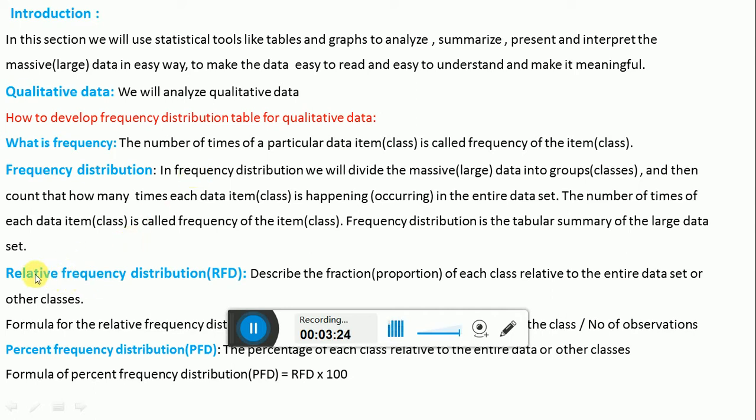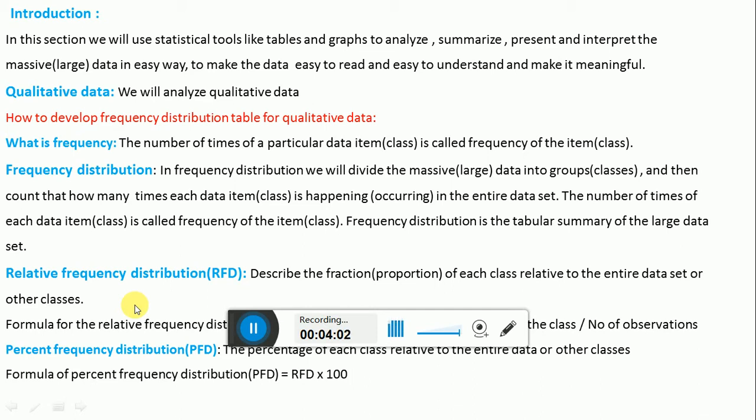Another terminology: relative frequency distribution. Relative frequency distribution describes the fraction or proportion of each class relative to the entire data set, or relative to all the classes. It means relative frequency is one terminology that a statistician can use to compute the proportion, the fraction, of a particular data item or class relative to all other classes or the entire data set.